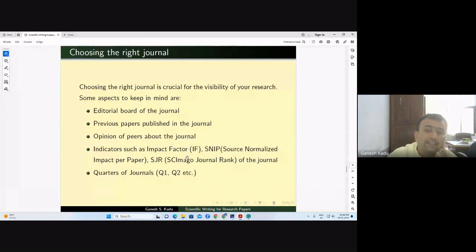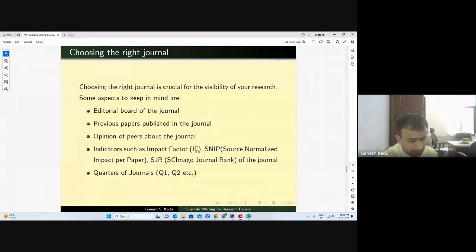Then there are indicators or metrics like impact factor, IF, or SNIP, the source normalized impact per paper, or SJR, which is nowadays being used, the Scimago journal rank of the journal. These indicators will give you some idea about the quality of the journal. So how is impact factor calculated?